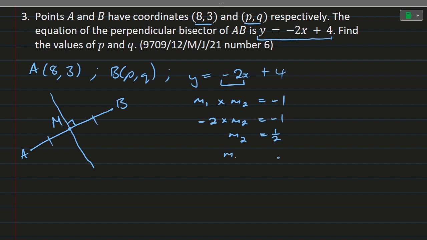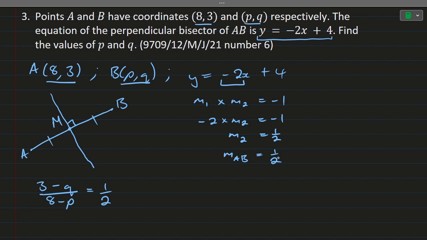So the gradient of AB is equal to 1/2. And if we were to substitute the coordinates of A and B into the formula for gradient, it would look something like this. That's 3 minus q over 8 minus p is equal to 1/2.